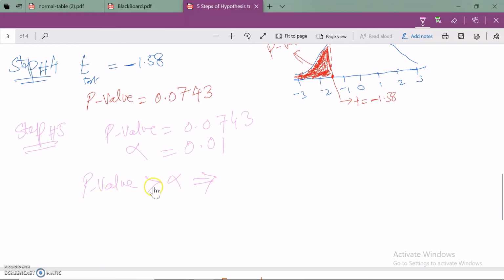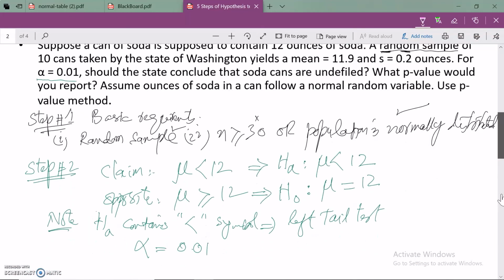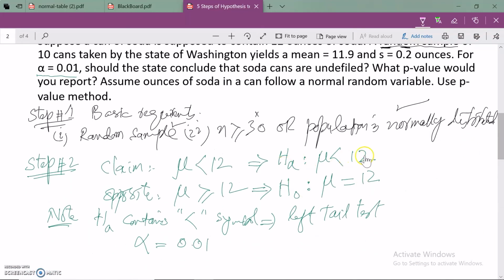So as the p-value is greater than alpha, we fail to reject H sub 0, the null hypothesis, and as a result, we fail to support the alternative hypothesis. What was the alternative hypothesis? This one. We failed to support that. We were not in a position to support that the cans are underfilled, right?